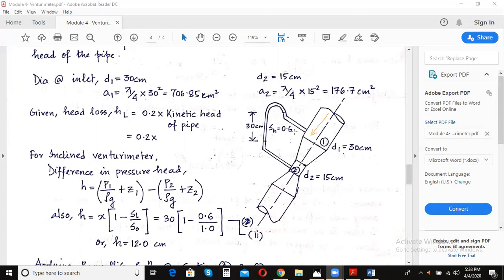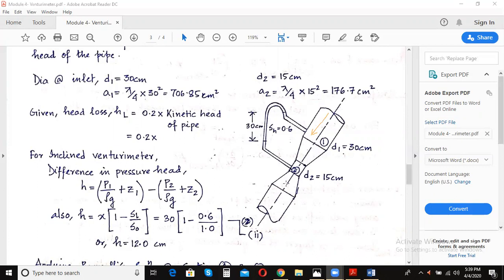So the specific gravity of the fluid which is inside the manometer is 0.6, and the difference in level between the two levels of this fluid inside the manometer is also given as 30 centimeter.